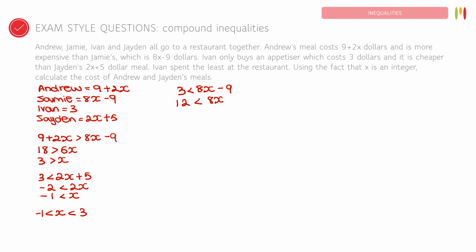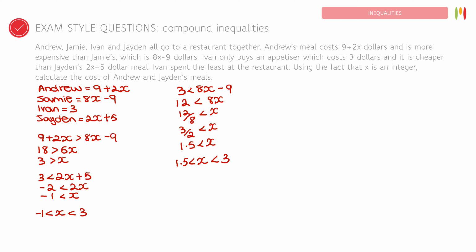And so 12 over 8 is less than x. This fraction can be simplified to 3 over 2 is less than x, which is equivalent to 1.5 is less than x. So now we have reduced the interval x can lie in to x is greater than 1.5 and less than 3.